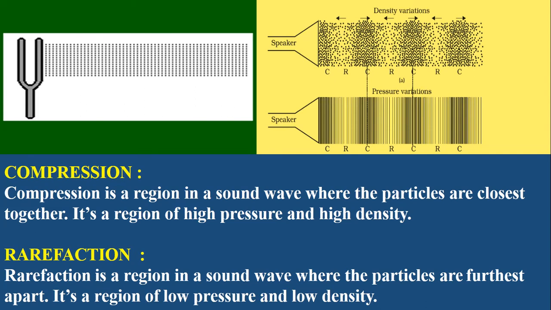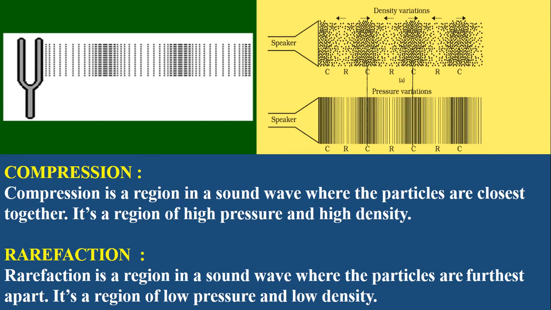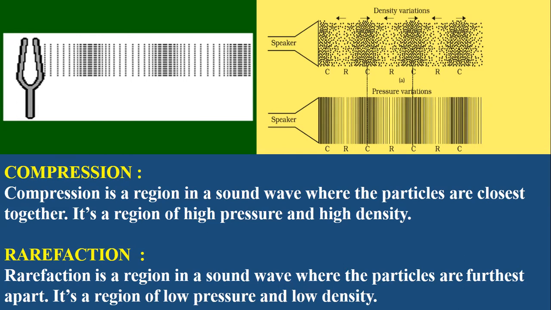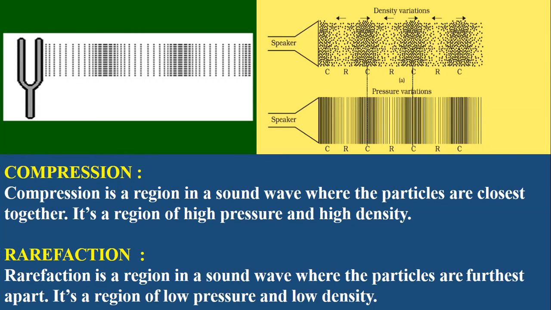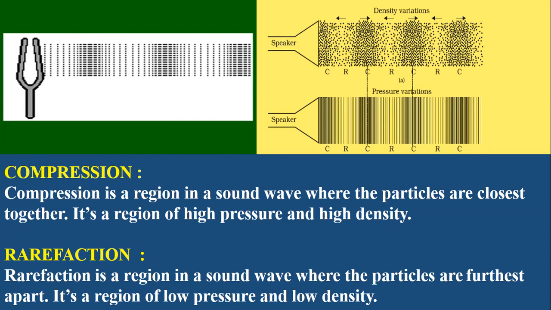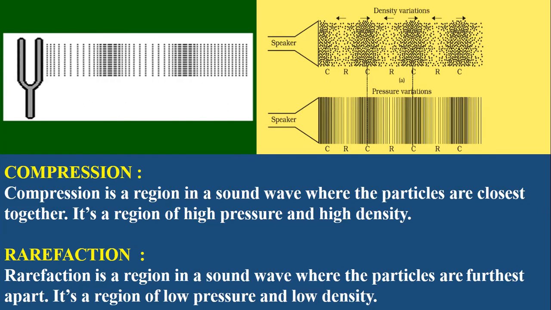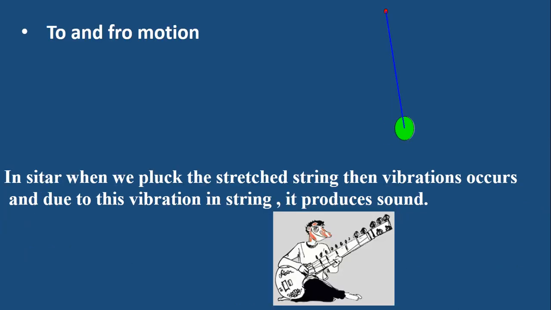The dense region is called compression, where the particles are very close, while the other region where the particles are apart is called rarefaction. In compression, since the particles are very close, its density and pressure is high, while in rarefaction the density and pressure is less. Here in the picture, C denotes compression and R denotes rarefaction.